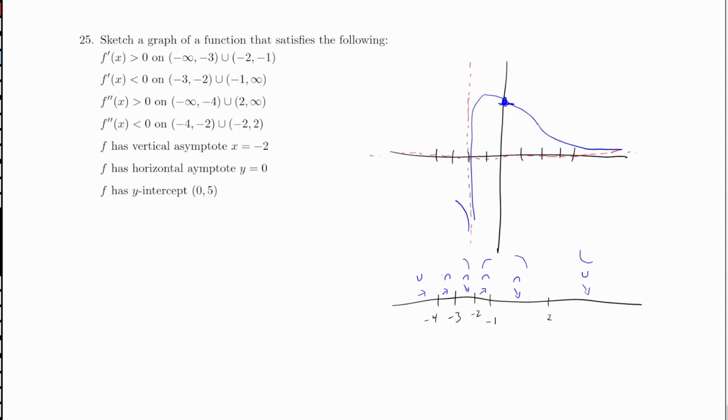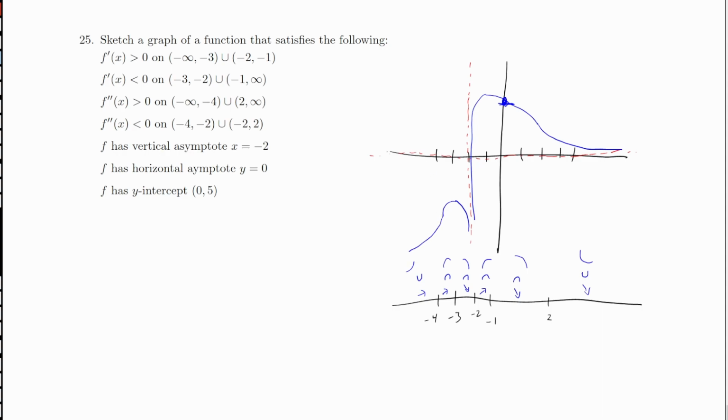Okay. Between -4 and -3, it's concave down and increasing, so I have a shape like this. And between -4 and infinity, it's concave up and increasing, so I have a shape like this.